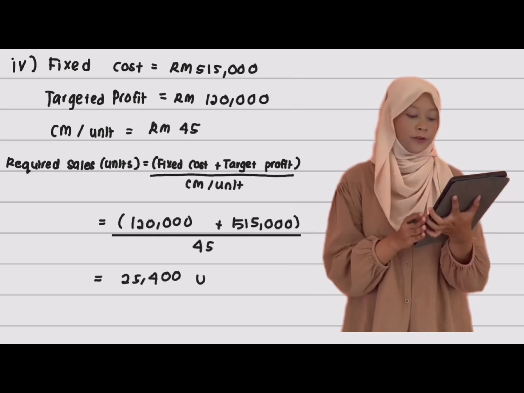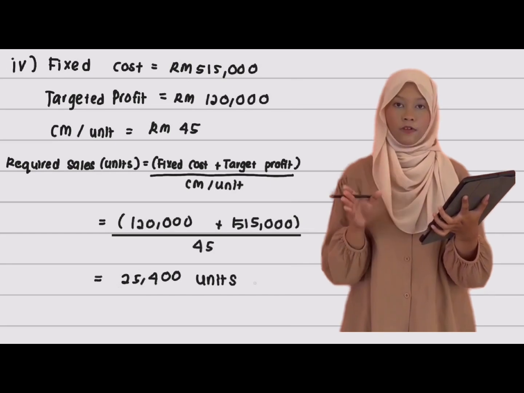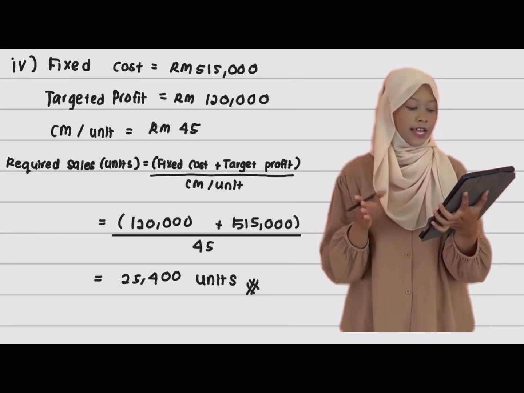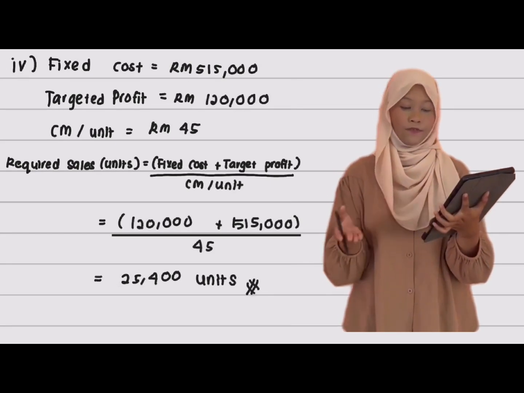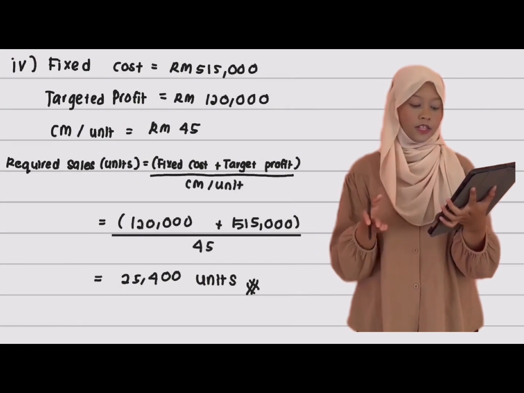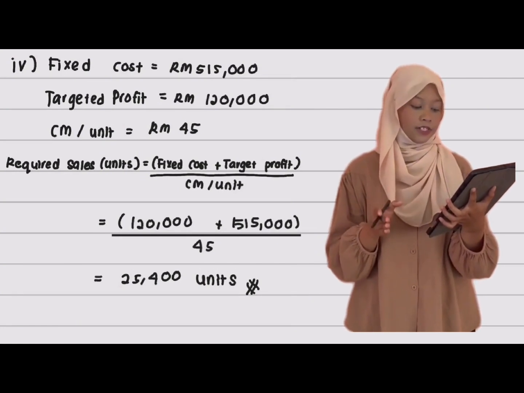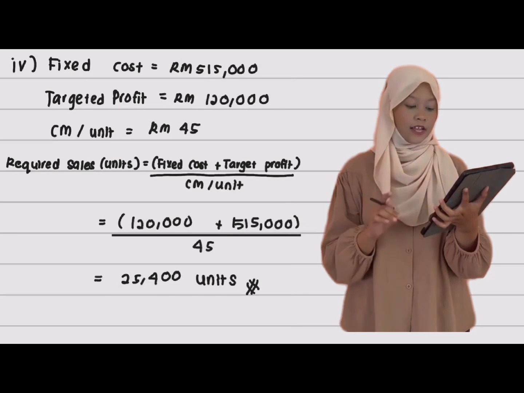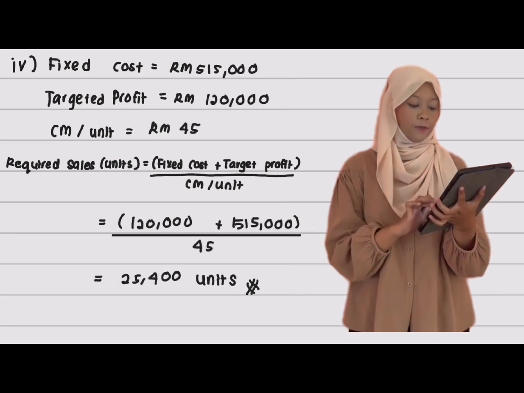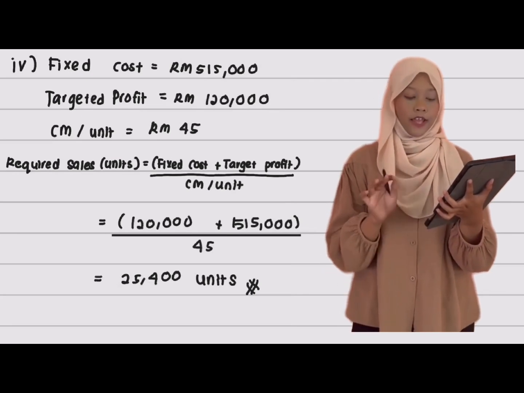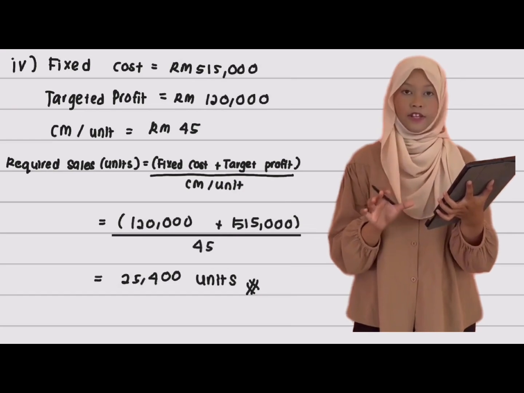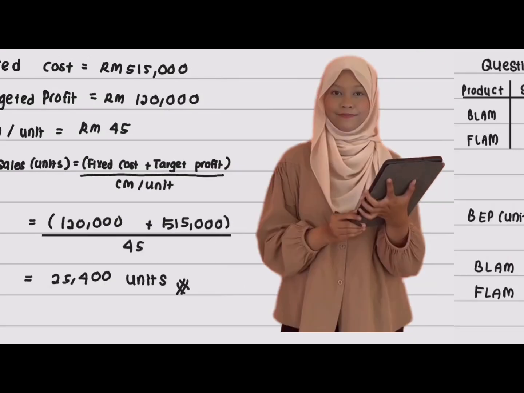This means the company must sell 25,400 units in order to earn the desired profit of 120,000 ringgit. This calculation helps management set sales targets that are aligned with the profit goals, ensuring that both costs and desired return are covered.